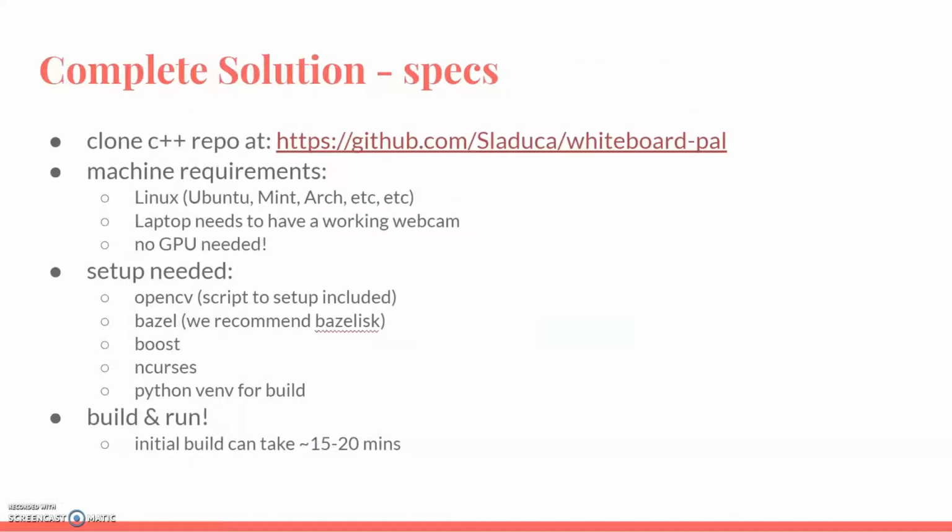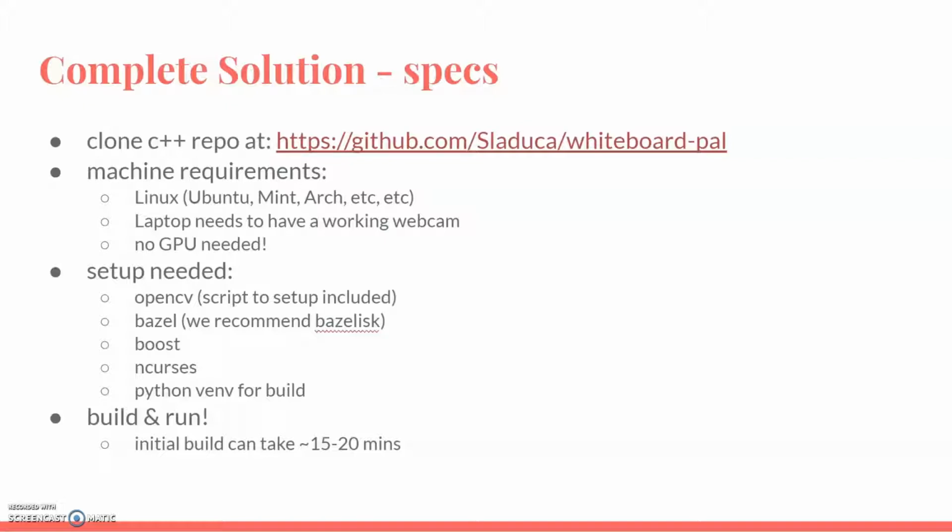For our completed project, you can find the C++ repo at the link above. We require that you are on a Linux machine of any distribution, whether that be Ubuntu, Mint, Arch, or any others, and your laptop needs to have a working webcam. You, in fact, don't need a GPU for Whiteboard Pal, to make it more accessible to everyone.